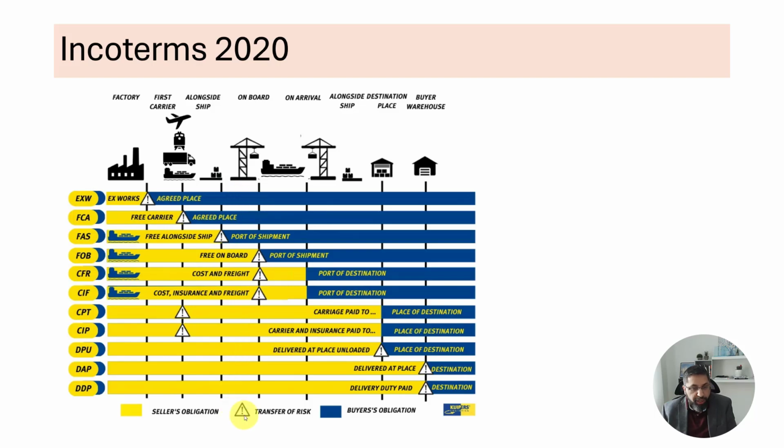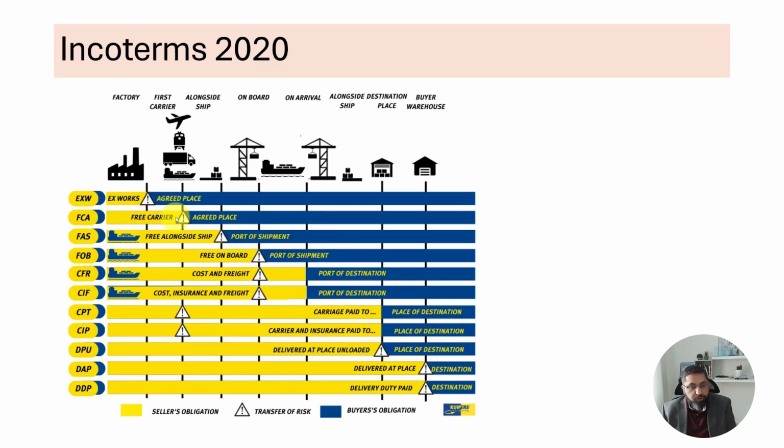Then the triangle with the exclamation mark is the point at which the risk transfers. The risk transfer means that now if something happens to the goods, the other party is responsible and they have to deal with insurance or do whatever else they want. Okay. You'll notice that usually the triangle with the exclamation mark is at a point where the yellow changes to the blue.